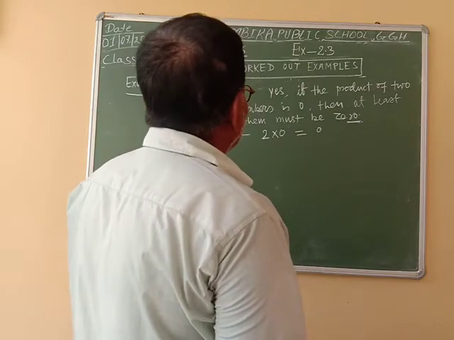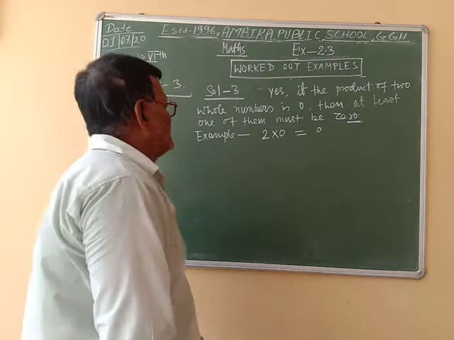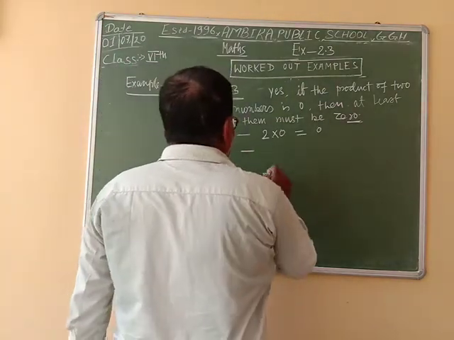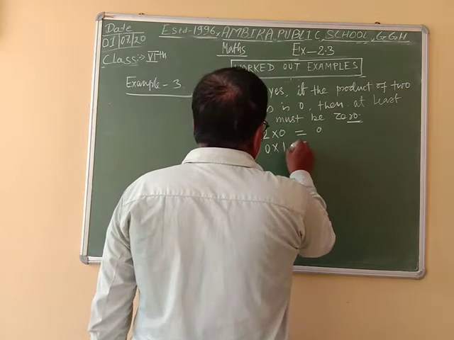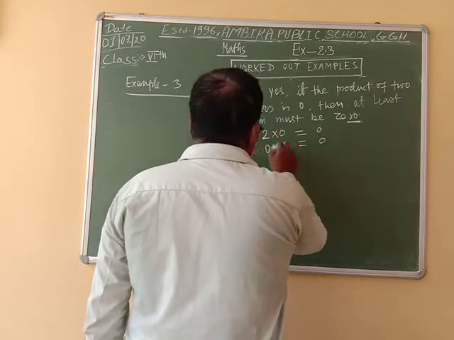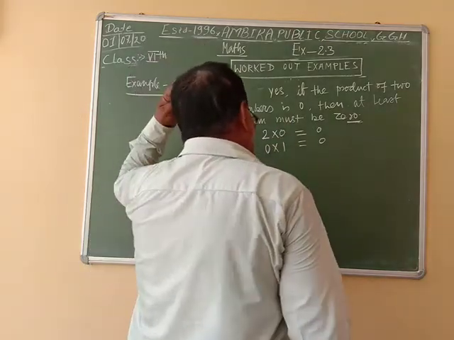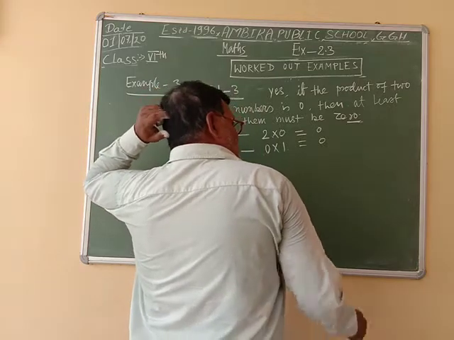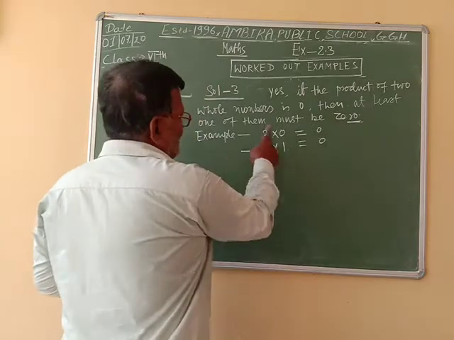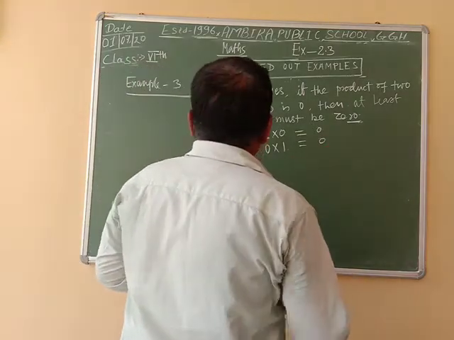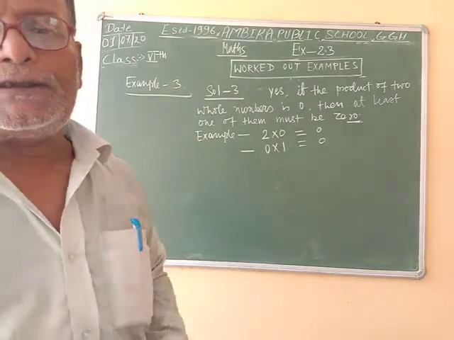Next example, 0 into 1 is also 0. Here 0 and 1 are also whole numbers. If we multiply them, the product is 0. So if the product of two whole numbers is 0, then at least one of them must be 0. So that was example 3.